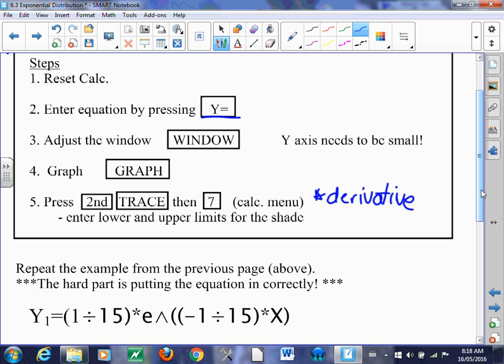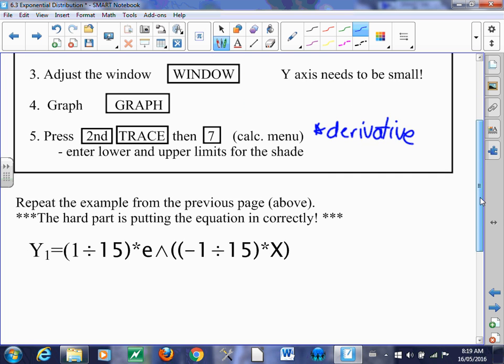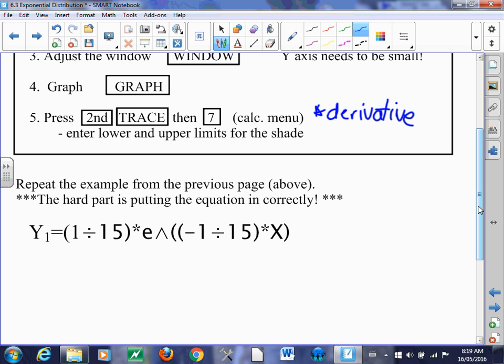All right, so what we're going to do now is repeat the example from the previous page. The hard part, again, is putting in the equation. So I've got it here, ladies and gentlemen. This is what you type into Y1. Again, if you can't get a calculator at home on your computer, please come in the class and borrow one and make sure you can type this in. Okay, so under Y1, you type that in.